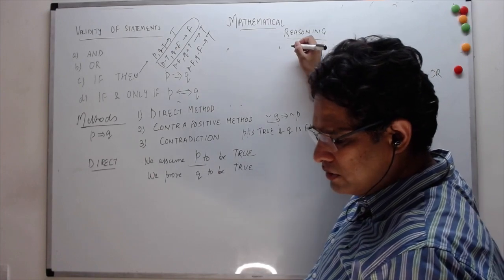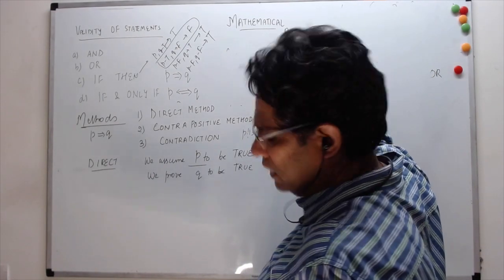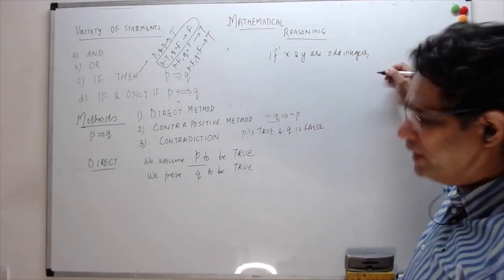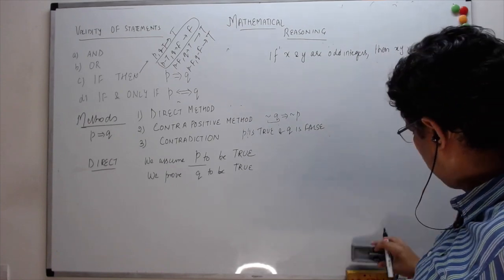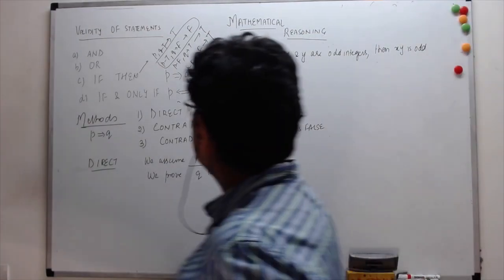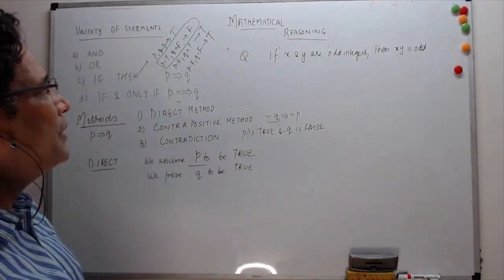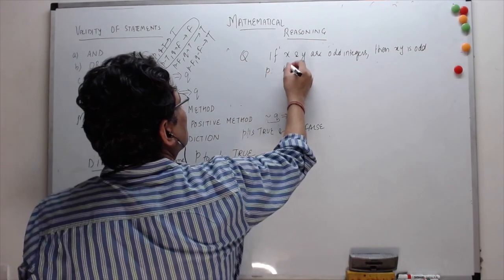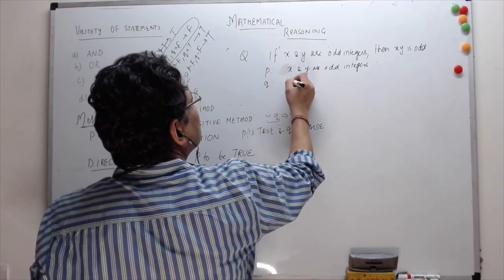Say the question says, if x and y are odd integers, then xy is odd. So this is your statement P, and Q is xy is odd.